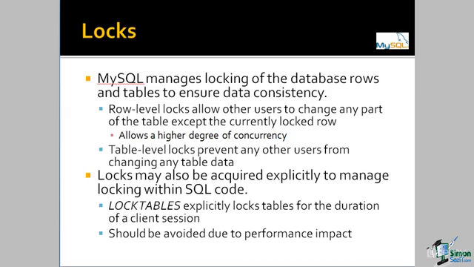So the row-level locks are significantly more efficient and provide a higher level of concurrency in the database. Typically, locks are managed by the database engine, by the storage engine itself.